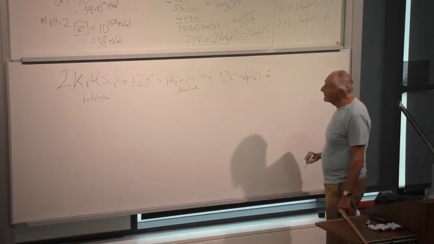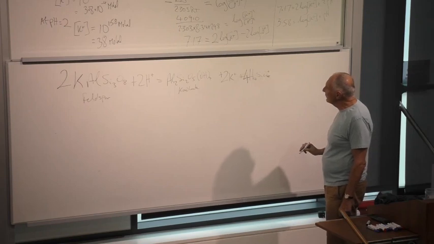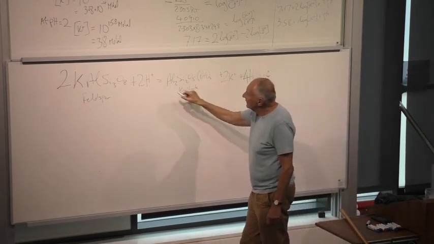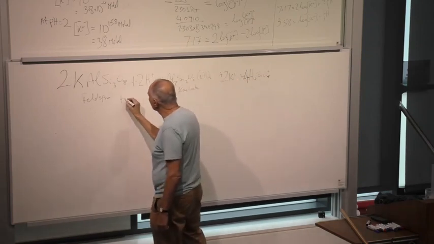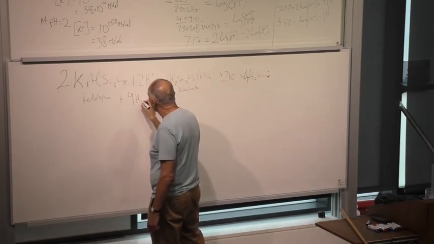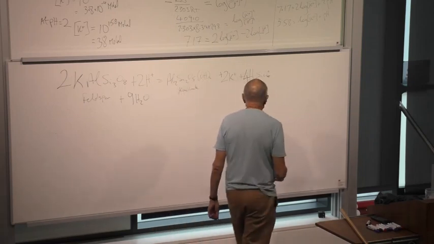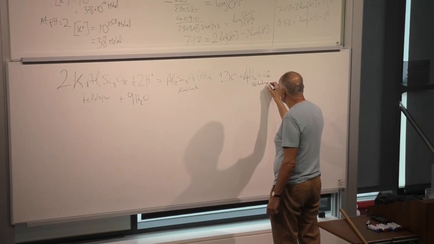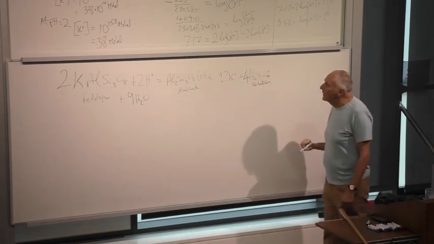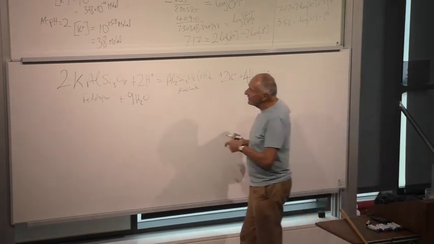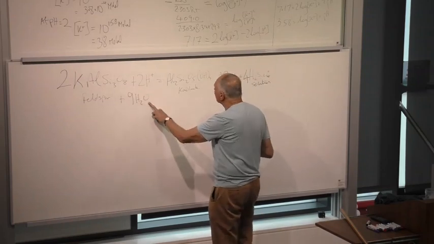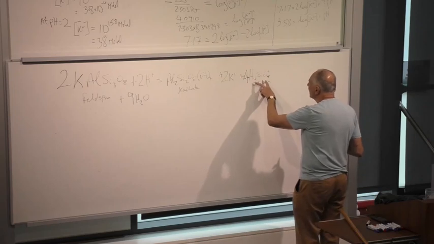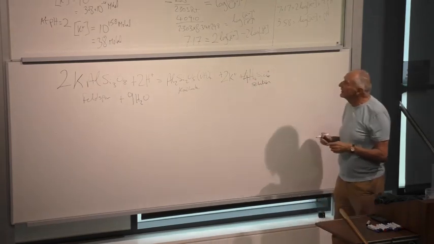And now to balance the hydrogens, we're going to need quite a lot of water. So we've got 16, 20 here, 2 here, so we need 9 waters. That being now in solution. And we should just check the oxygens. That is 16 and 9 is 25. 5 and 4 is 9. And 16 is 25. Wow, good.